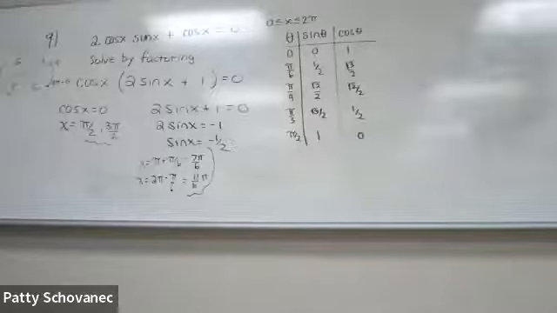Number 11, we have f of x is a rule that takes an input, multiplies it by 4, and then subtracts 12. What's the graph of this function look like? Just a line, right? Line with the slope of 4 and y-intercept of negative 12.